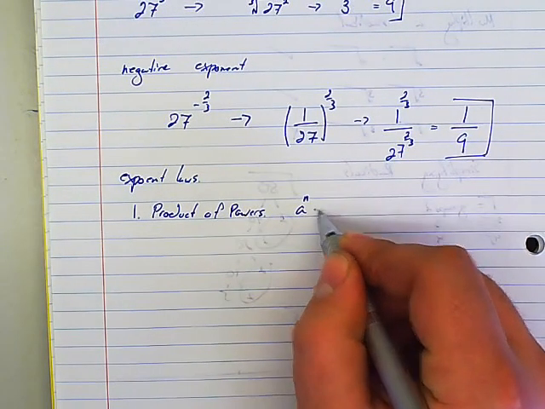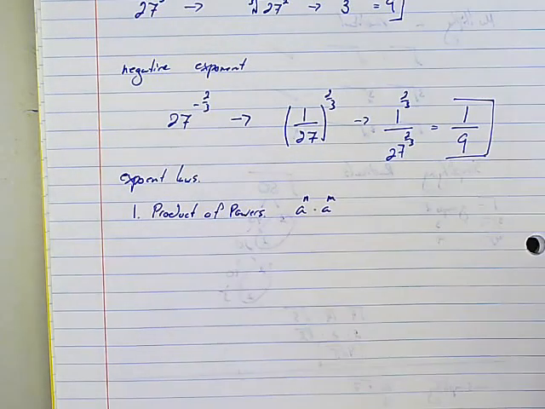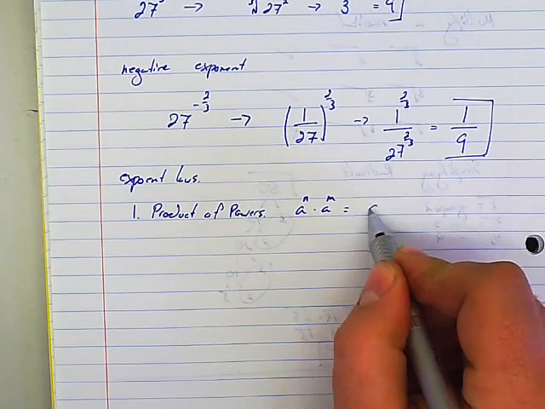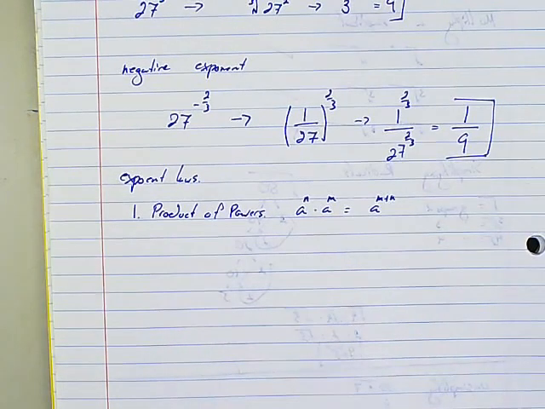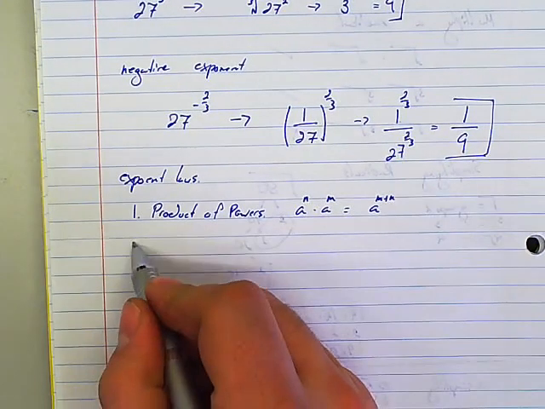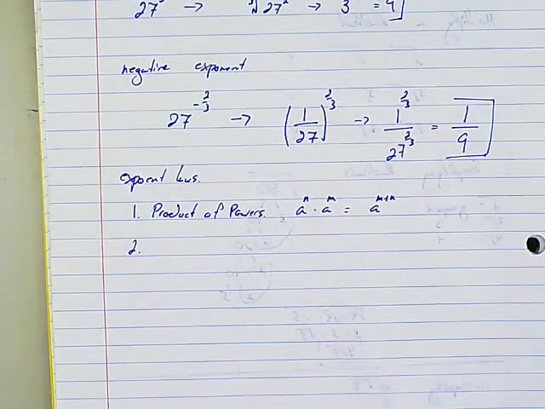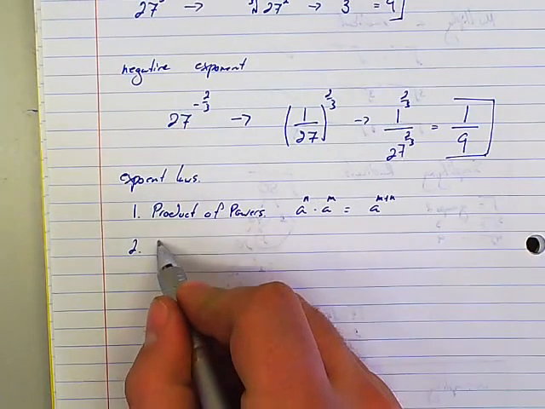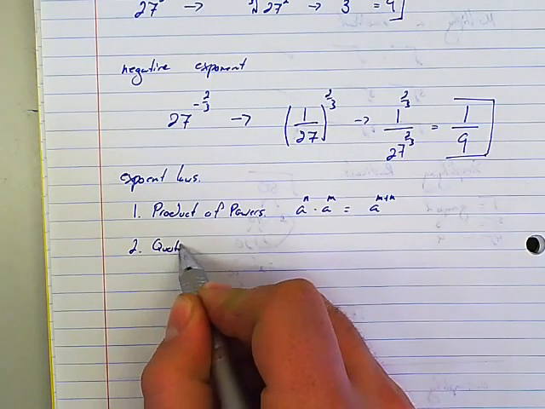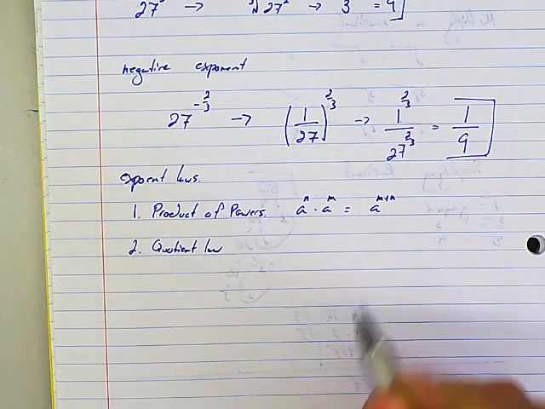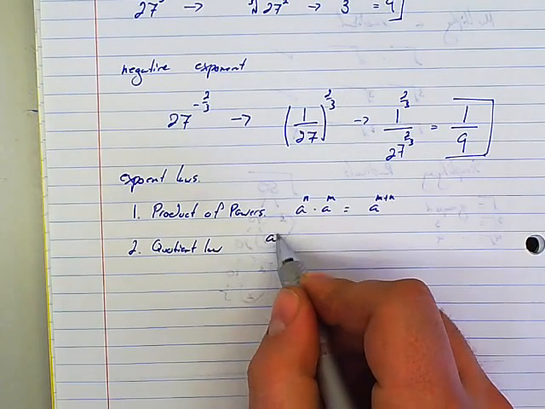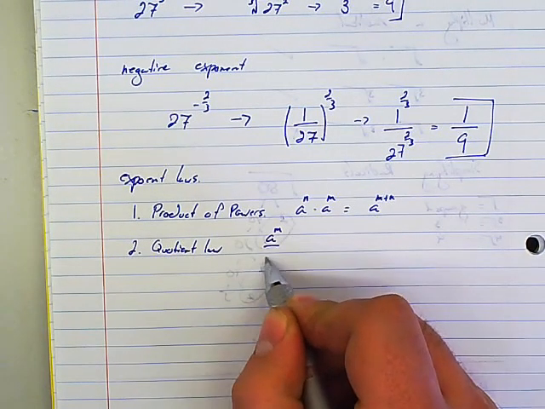The first law, product of powers: a to the power of n times a to the power of m turns into a to the power of m plus n.